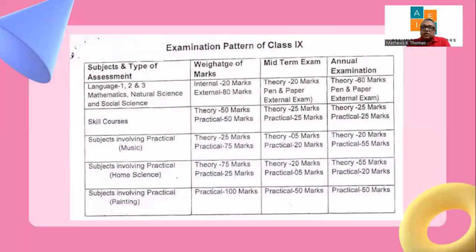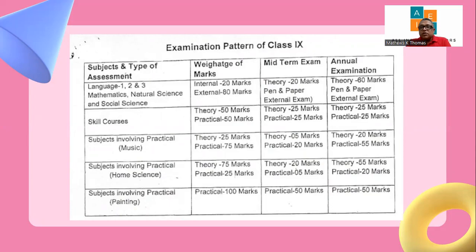And if you are talking about the midterm exam, again, the theory is 20, the pen paper exam is going to be 20, and the annual exam is 60. Now, when they say 20 and 60, it is not that you are taking a test out of 60. It is an 80 mark test, but the weightage is 60%. And here also, midterm, you can give it as an 80 mark test, but the weightage of that is going to be 20%.